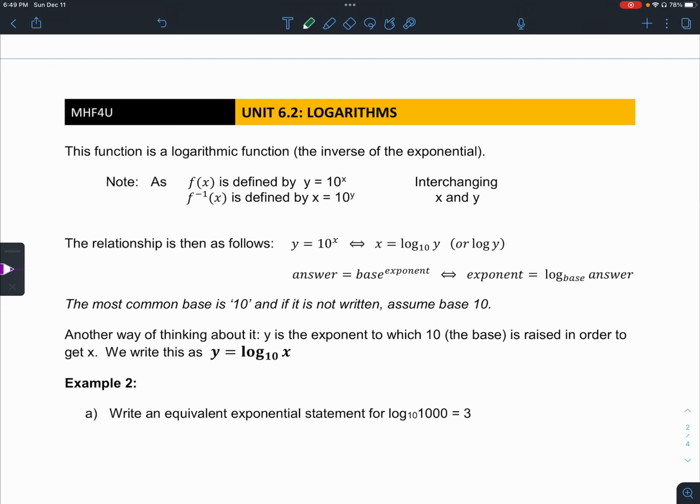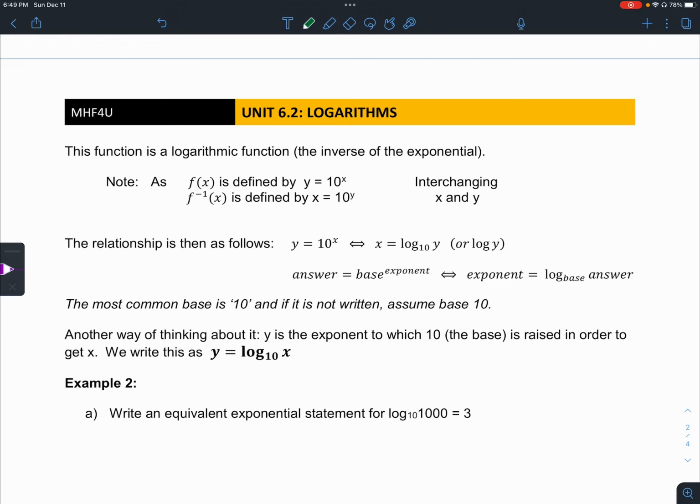Now, the relationship is as follows: y is equal to 10 to the exponent of x can also be written as x is equal to log to the base 10 of y, or log y.